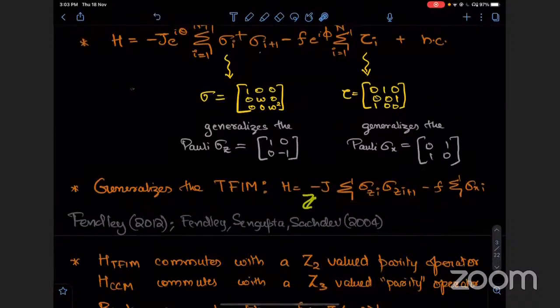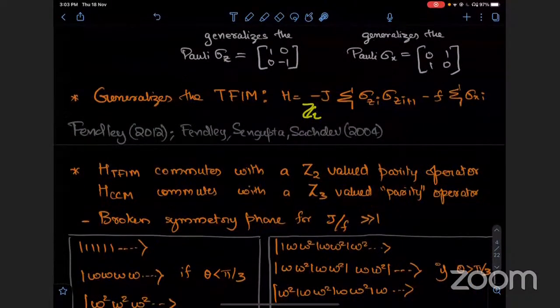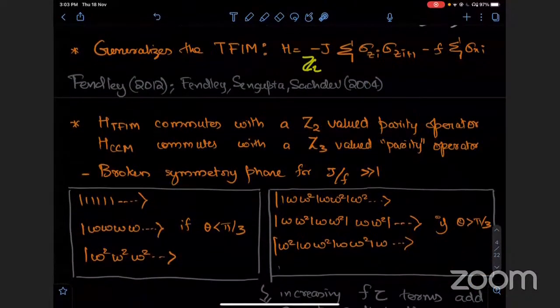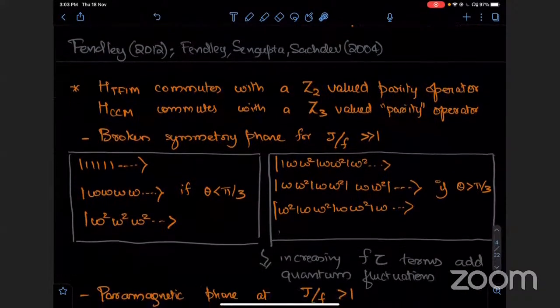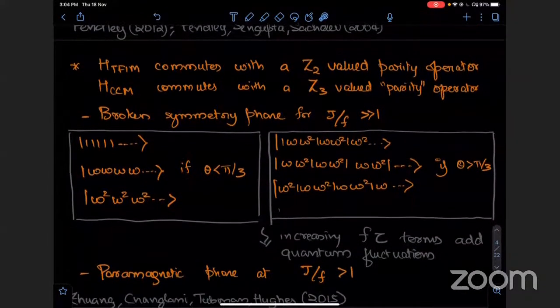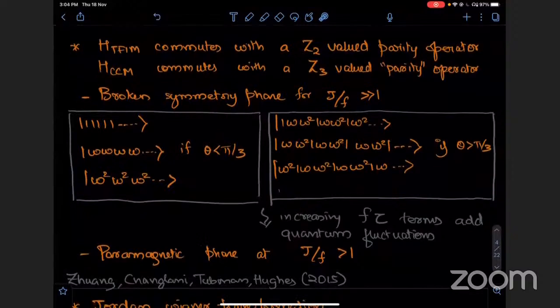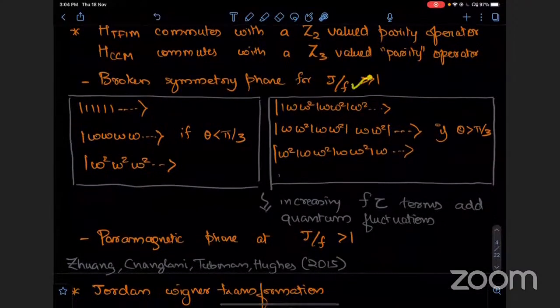The transverse field Ising model is Z2 symmetric, whereas this chiral clock model is Z3 symmetric. It has a Z3 valued parity operator, sort of generalizing the Z2 valued parity operator of the transverse field Ising model. The model has a broken symmetry phase for J over F larger than 1. And it's a threefold broken symmetry phase.